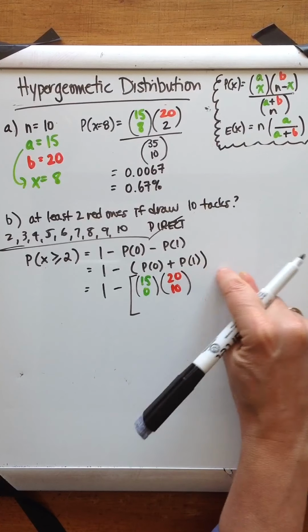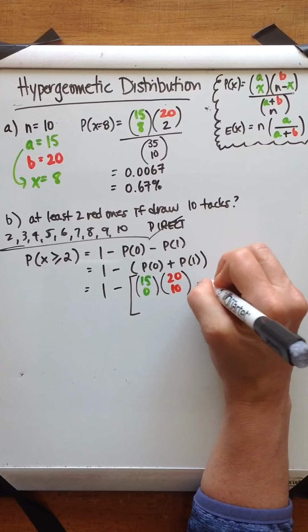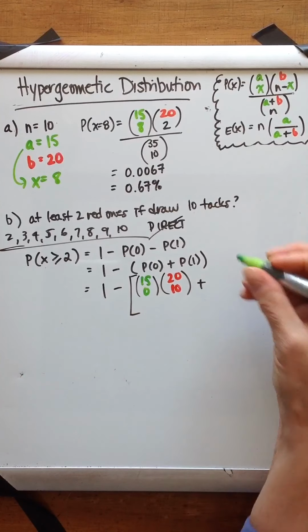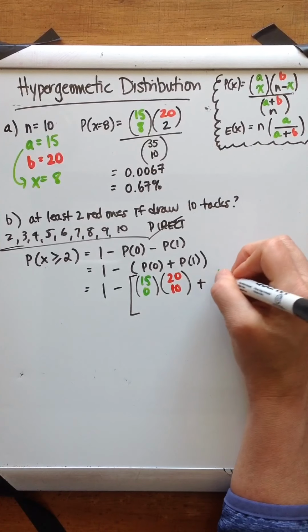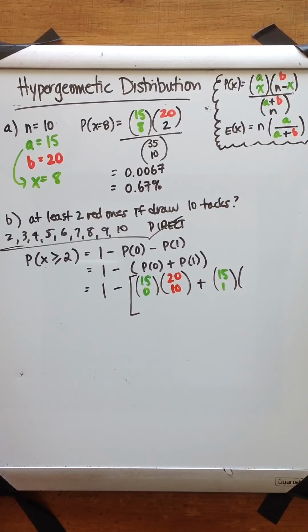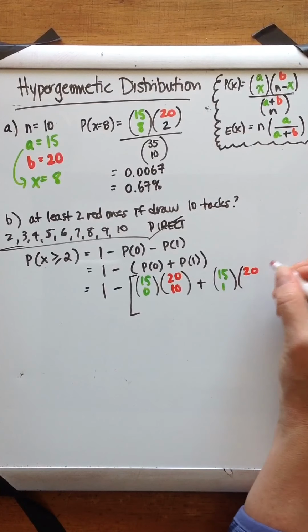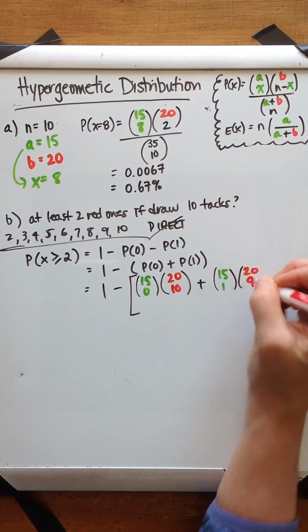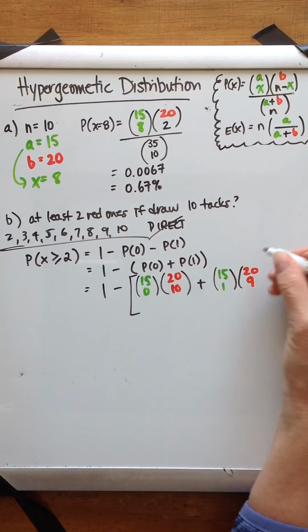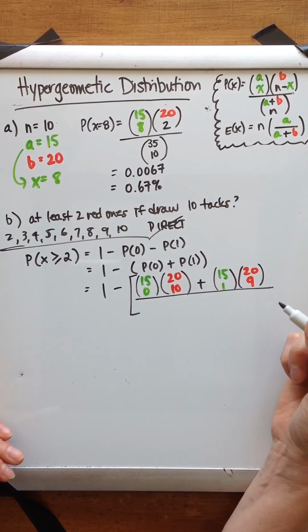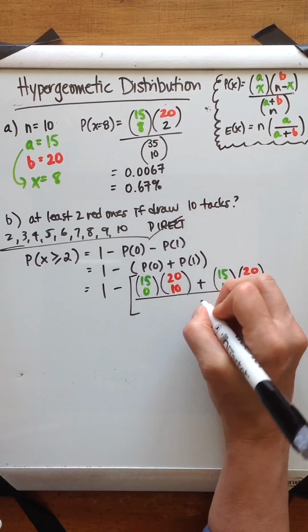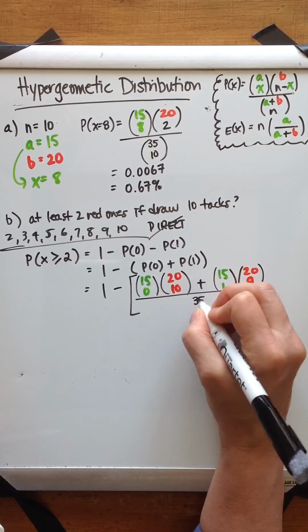Let's then look at the probability of 1. Again, 15 opportunities for success. I select one successfully, a red one. But that means then of the 20 blue ones, I must have selected 9. And then all of this is divided by our unrestricted scenario, which is 35 tacks, choose 10.